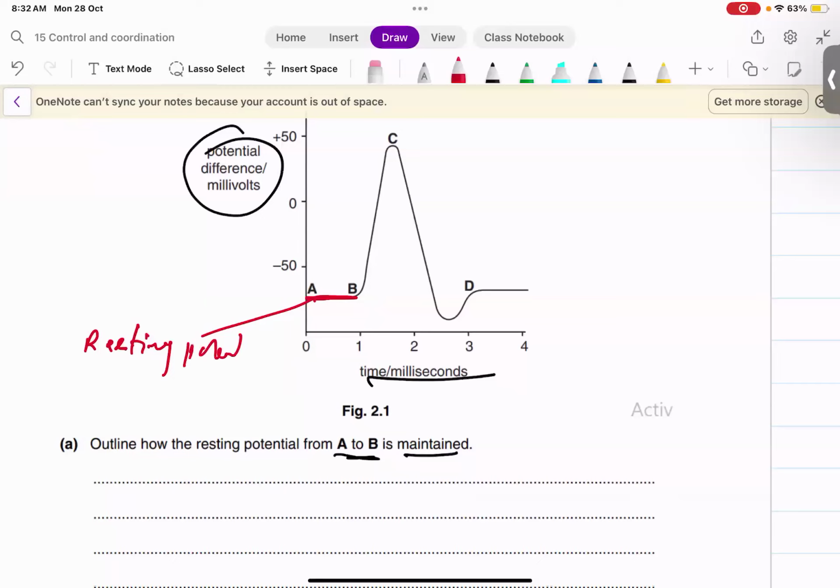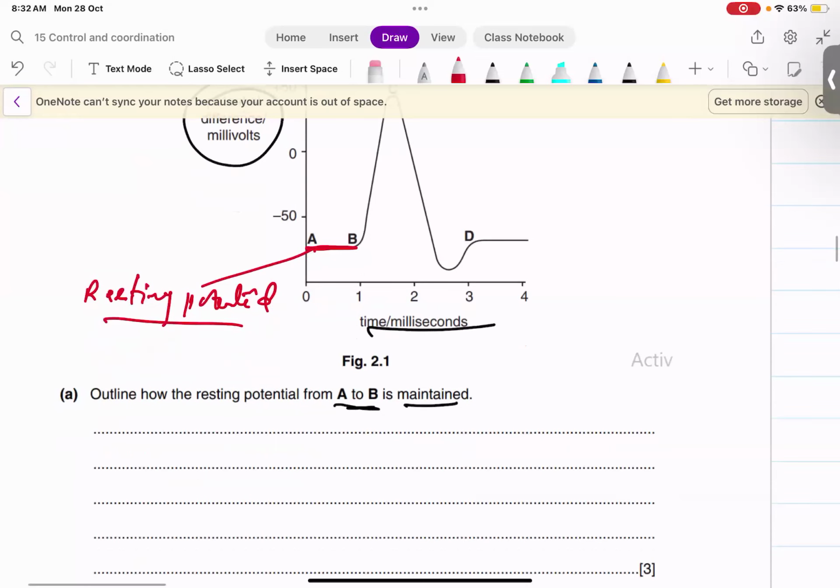We discussed that sodium potassium pumps become active.